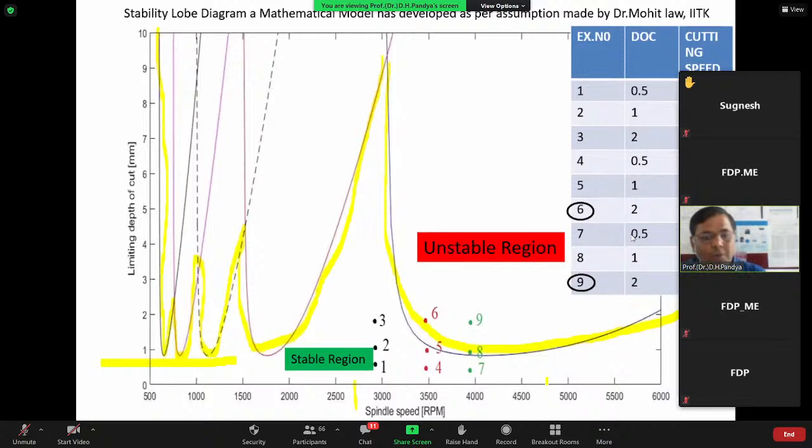If you go back to the computational analysis, there I made the statement that when damping ratio decreases, dynamic motion improves, right? But the stability lobe diagram outcome is that when damping ratio decreases, the stable region also decreases.